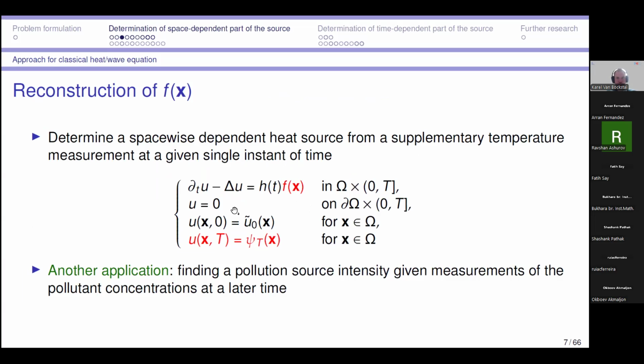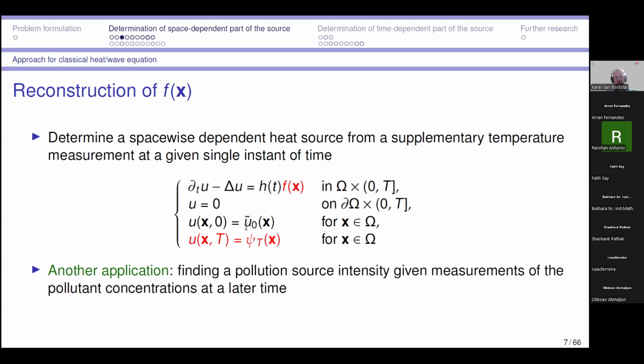So I have considered here a homogeneous Dirichlet boundary condition, and the initial data I will assume to be equal to 0, which is also the case when looking for the uniqueness of the solution.